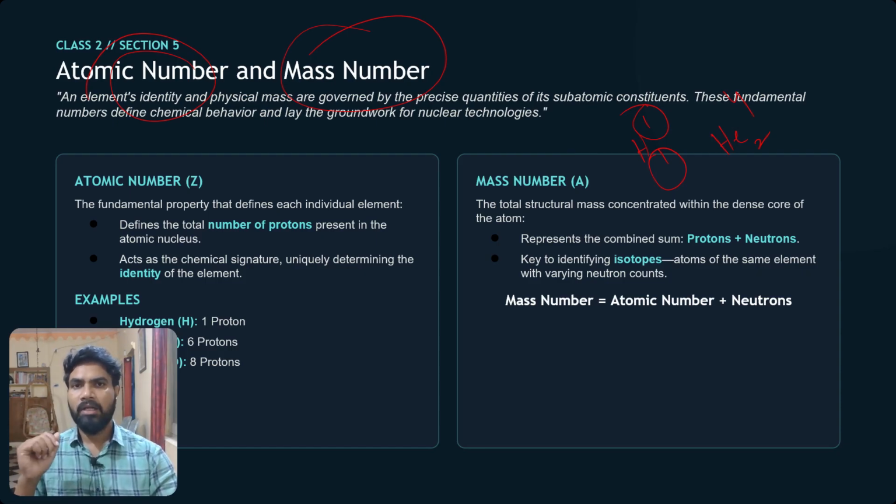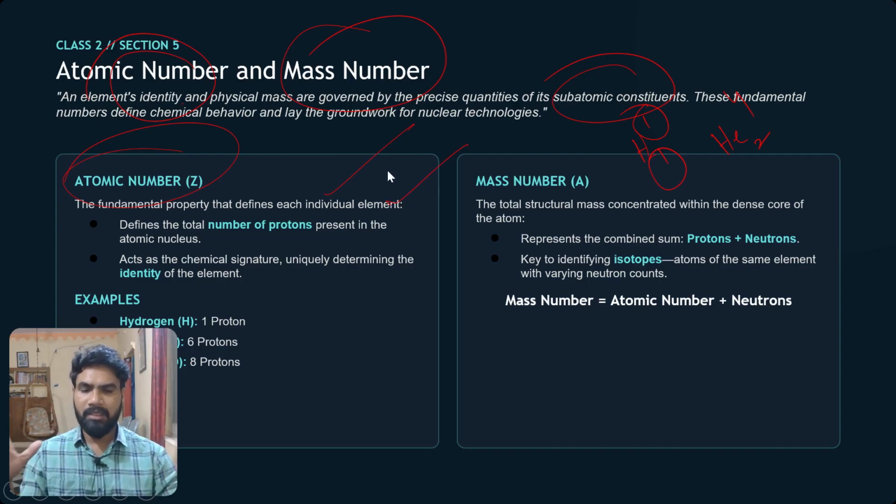You see, an element's identity and physical mass are governed by the precise quantities of its subatomic constituents. First we will see atomic number, represented by the letter Z. This is the fundamental property that defines each individual element.